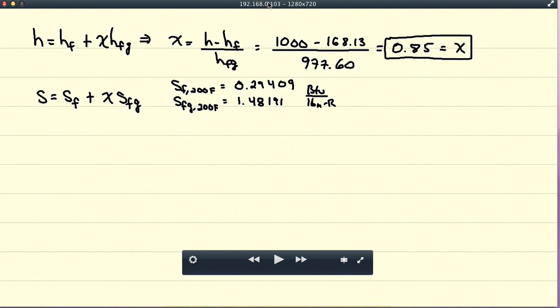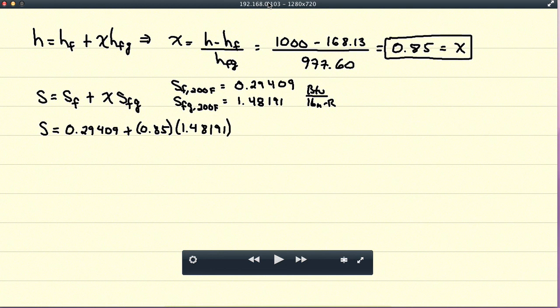Okay, so now I can use that information to calculate our entropy at our given state. So S is equal to SF, 0.29409, plus our quality, which is 0.85, times our SFG, which is 1.48191.